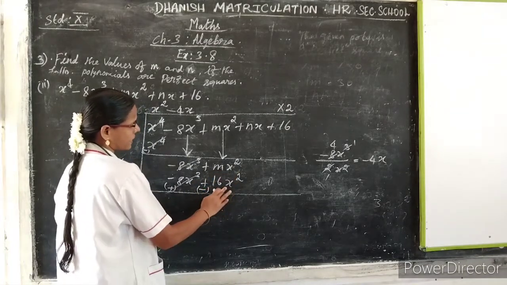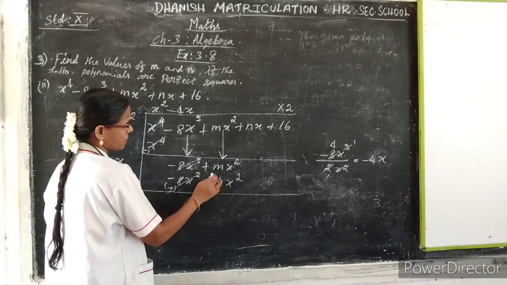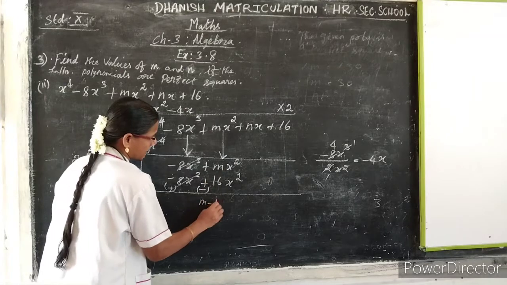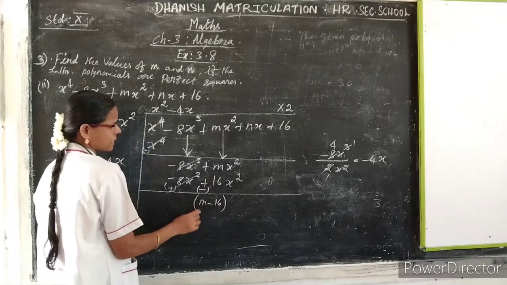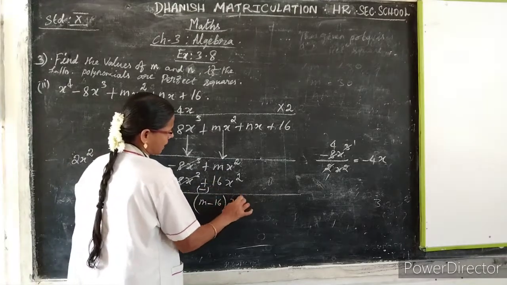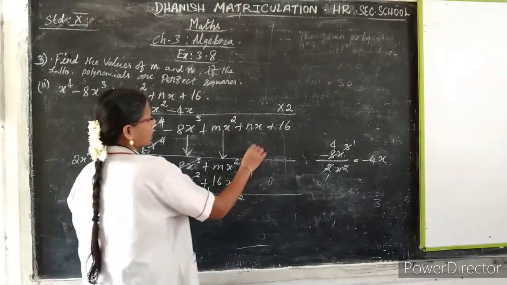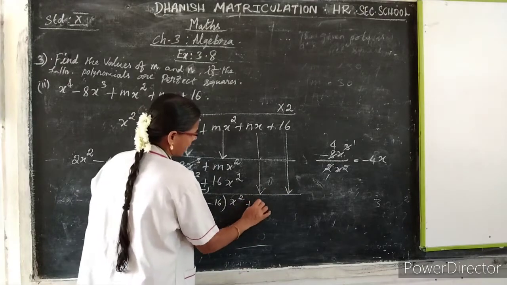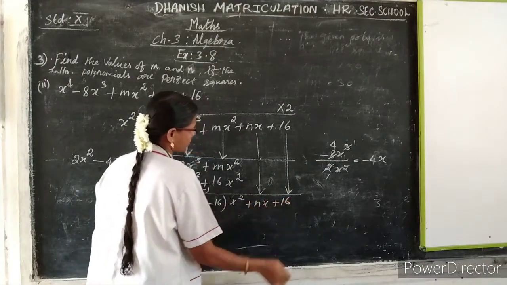These two are like terms with x square. Here how to subtract, m minus 16, m minus 16 x square. Now write these two terms here plus nx plus 16.